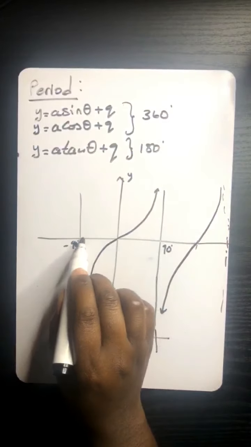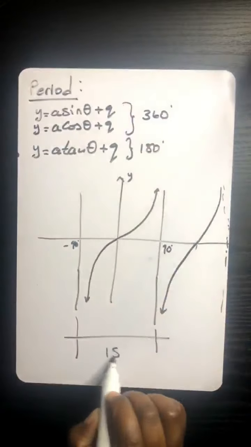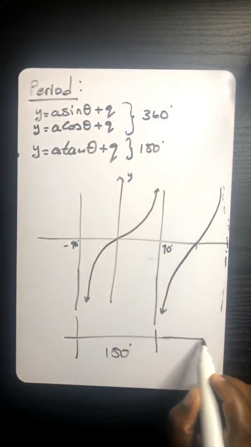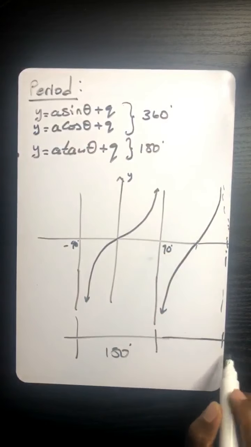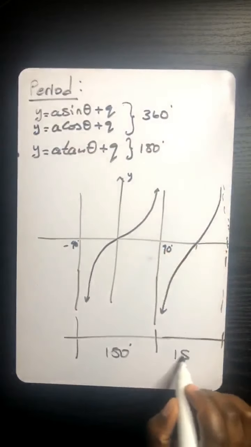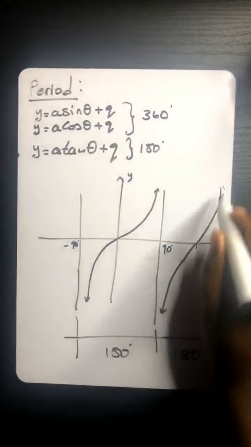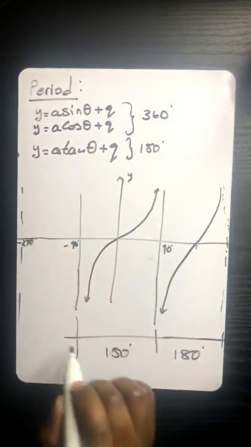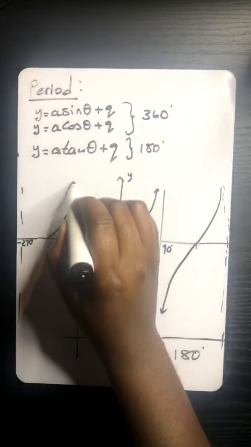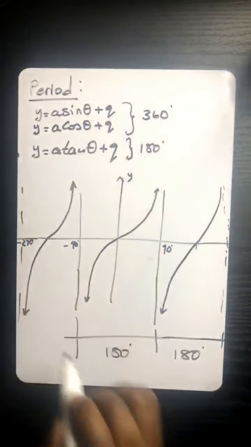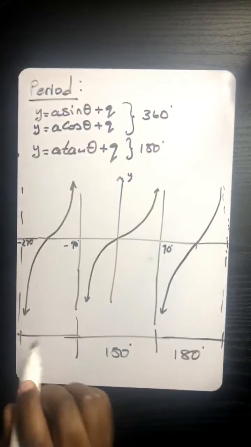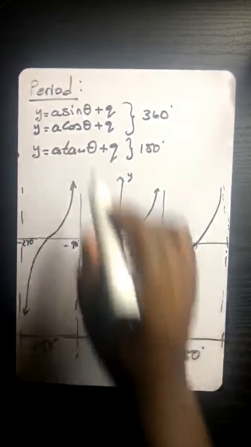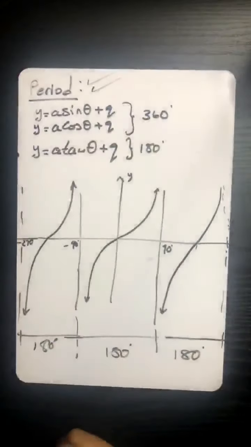I think it's 90 plus another 90 is 180. The circle has completed. From 90 to there is 180 plus another 90 is 270. So from there to there is still another 180 degrees. Can you see the circle is completed? Also on this side, it's going to be that. So that means it completes its cycle. After every interval of 180 degrees, it repeats the same shape, and that's what we mean by the period.